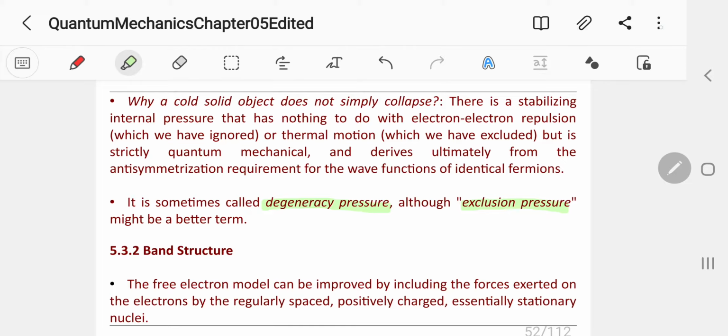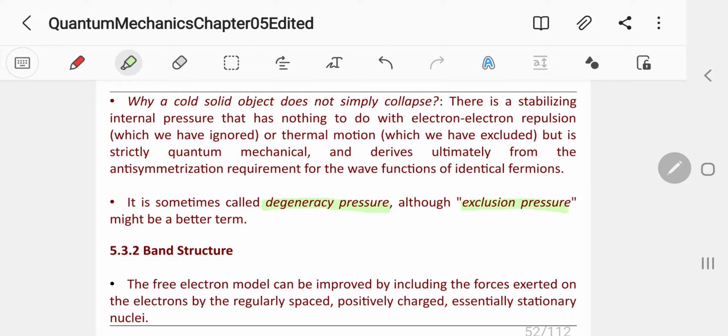spin of the fermions. So now we can go to the band structure, and here we improve our model by including the forces exerted on the electrons by the regularly spaced positively charged nuclei.